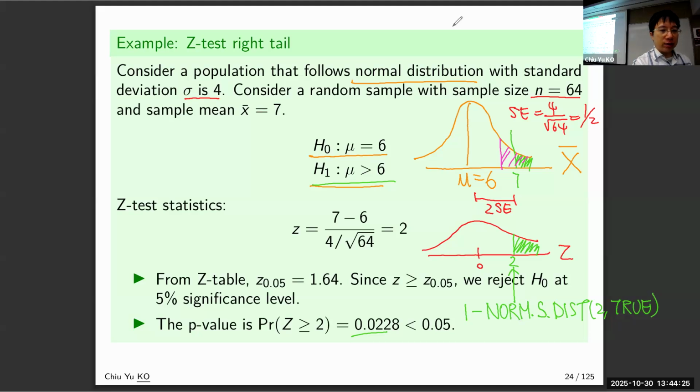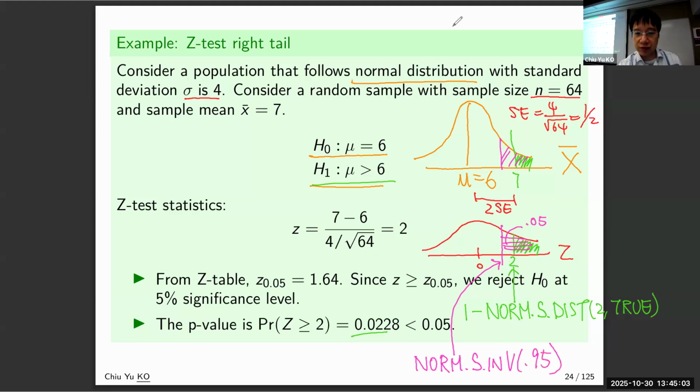And alternatively, you can do the critical value method, right? And critical value method is asking what is 5% of this. Okay. And if right hand side is 5%, left hand side is 95%. So from area to the number, we just use norm.s.inv of 0.95.